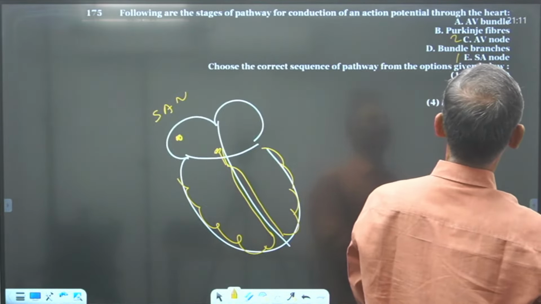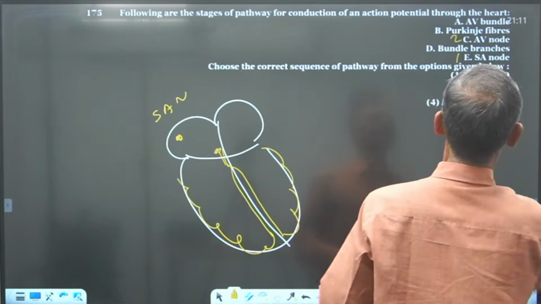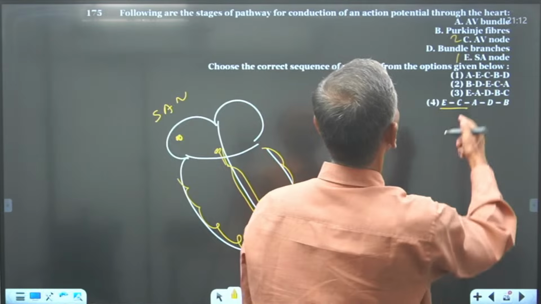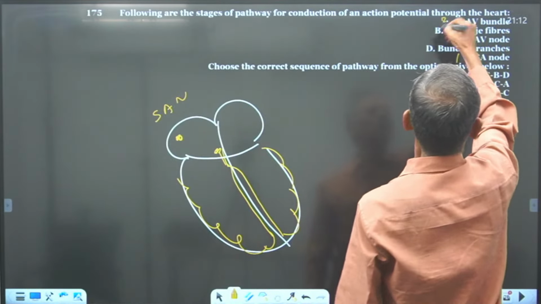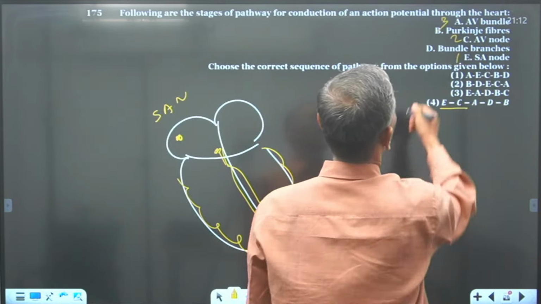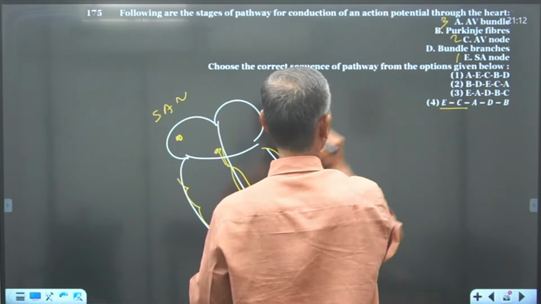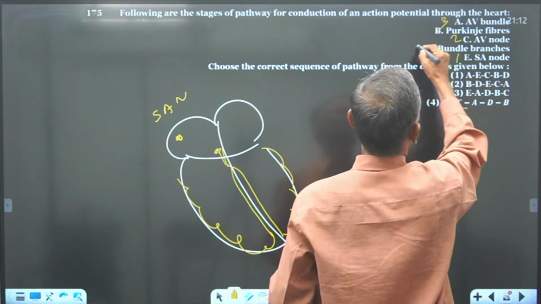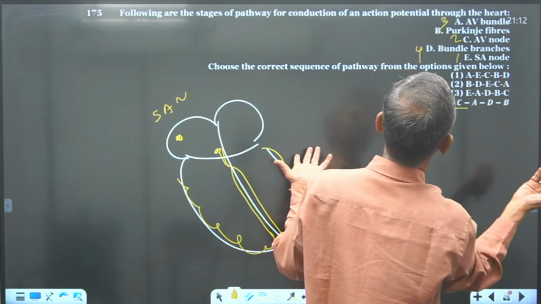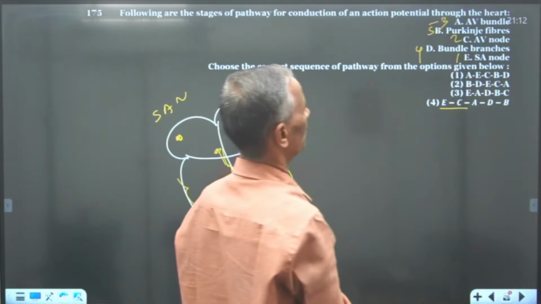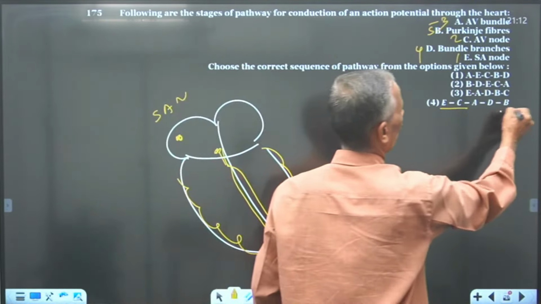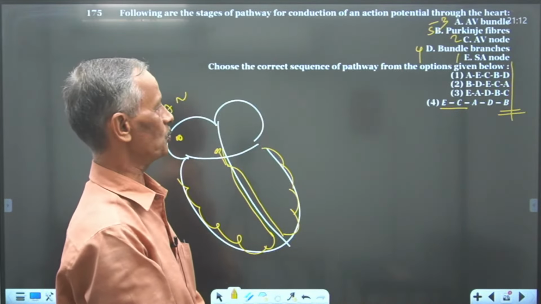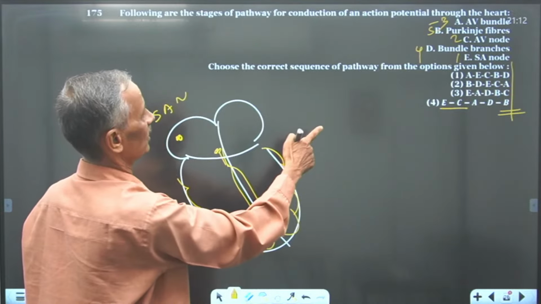So EC, it should be EC. We came to that answer immediately. Okay. Then you are having AV bundle. From AV bundle, bundle branches, anterior and posterior, bundle of His, bundle branches. So that is the fourth one, and the last one is Purkinje fibers. B is the last one. So only one option where you are having B as the last one, smallest branches. Okay, the answer is fourth one.